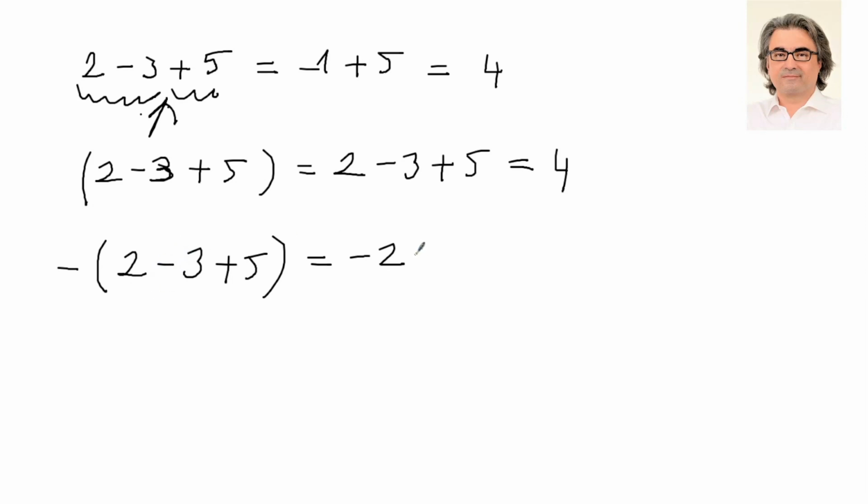But I should write it plus 3. And after that, plus 5 in the parentheses I may see. And so what should I write here? Minus 5. As you see, I changed all the signs of numbers when I removed the parentheses.